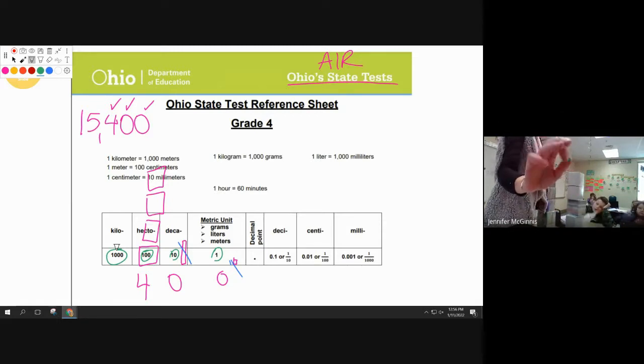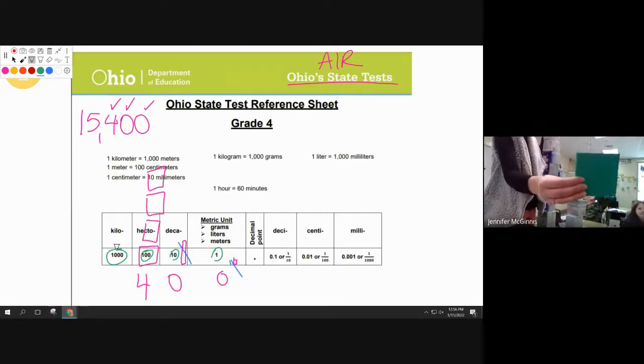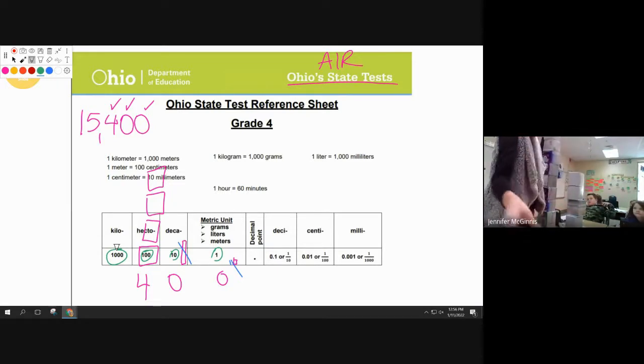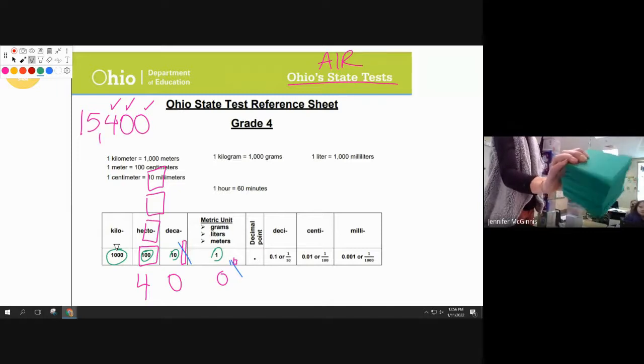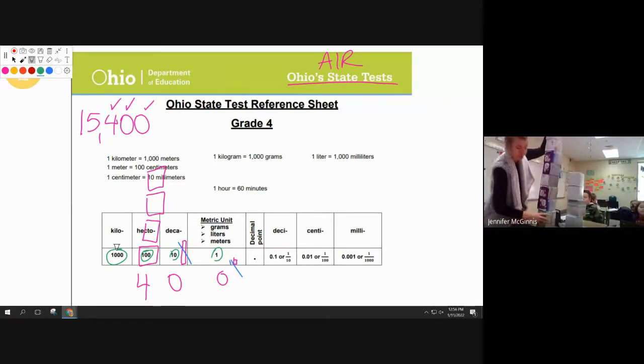Then if you have 10, you get one of these. Big, tall one, right? A big one, because 1, 2, 3, 4, 5, 6, 7, 8, 9, 10. Are you tracking with me?